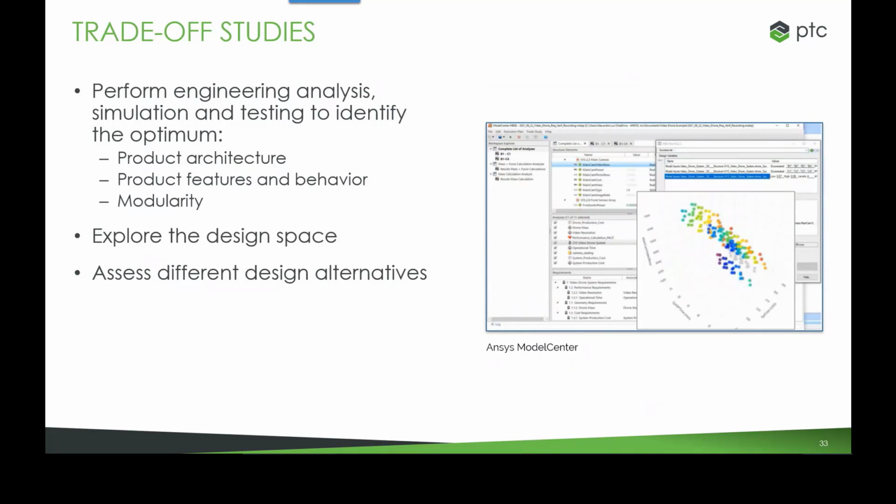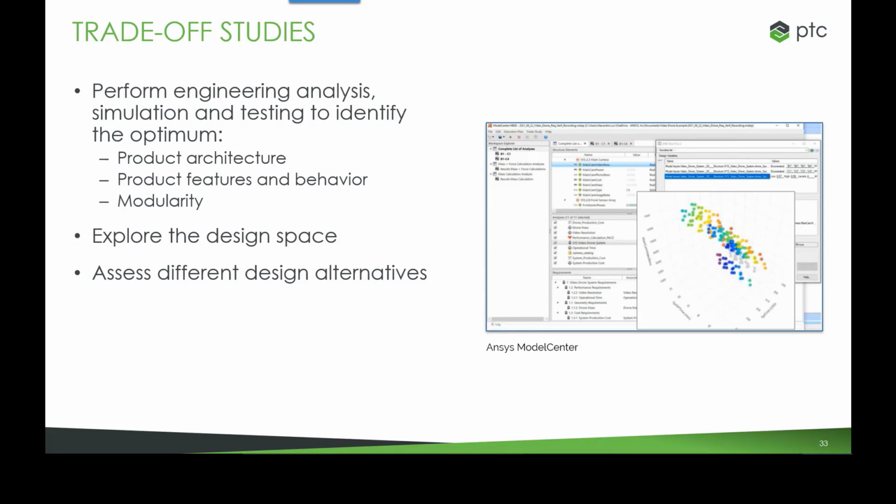Something else we can do, and it's quite common in systems engineering, is doing trade-off studies or trade studies. That's really trying to find the optimum product solution. So maybe we'd compare different types of architecture, different features, different behavior, different performance. We can run simulations, get some results back, and then compare and contrast the behavior and the output.